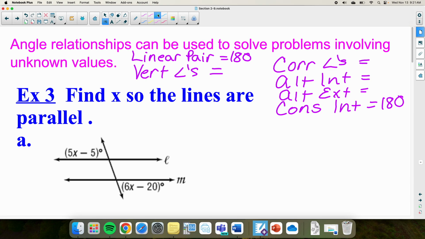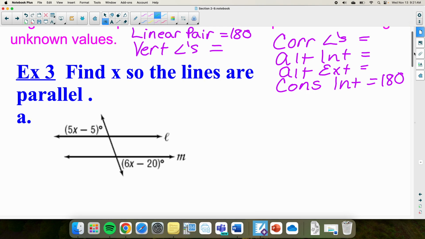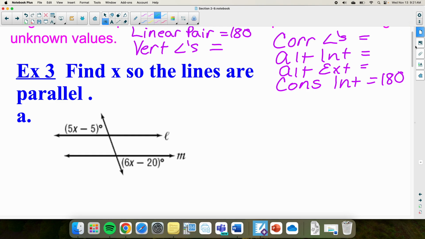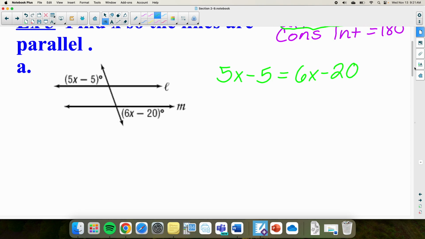Can you guys tell what kind of angles were given in A? Aren't they alternate exterior? And alternate exterior are equal, so we just go 5x minus 5 equals 6x minus 20, and then we just do algebra to solve that.